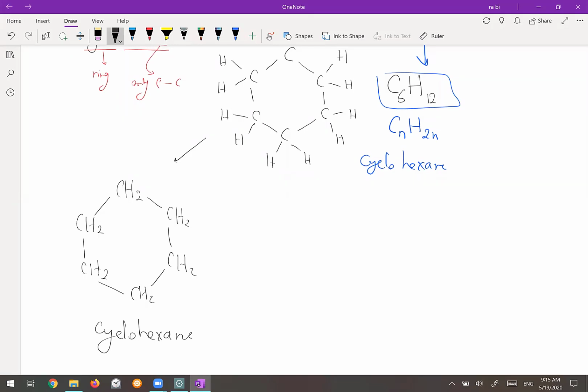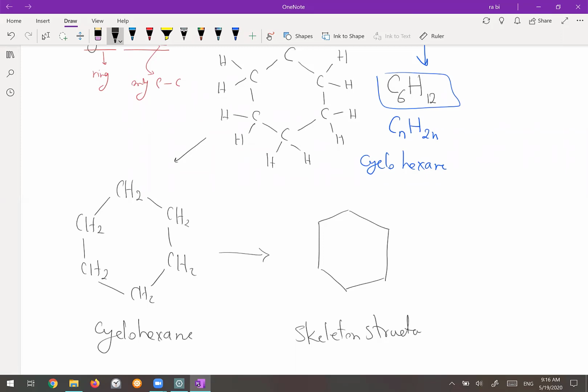Again, we can even not show the carbons and hydrogen here. So sometimes we can draw just a hexagon, and this is cyclohexane. This is called a skeleton structure.